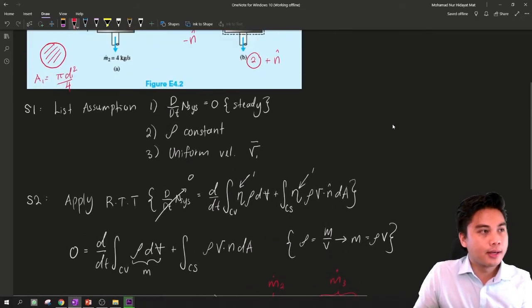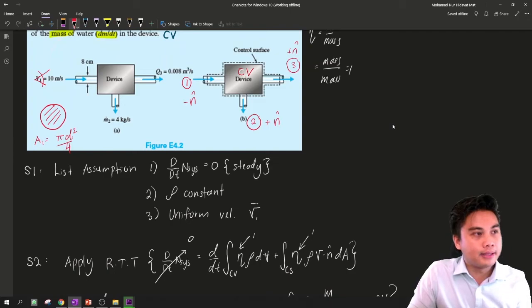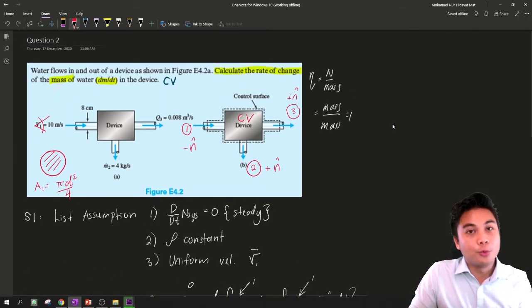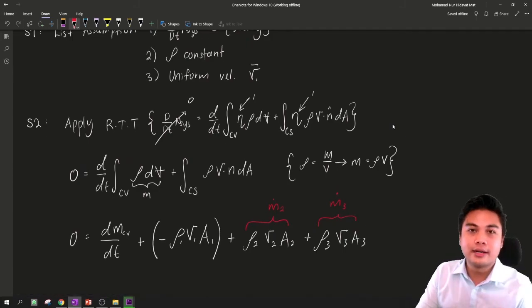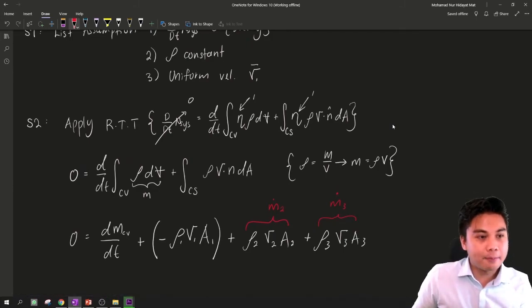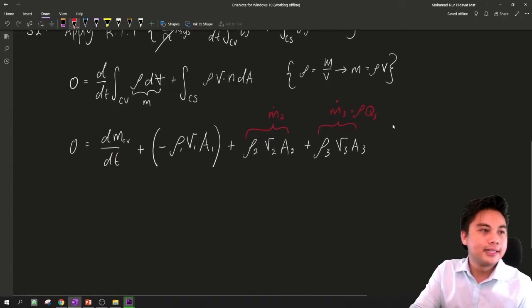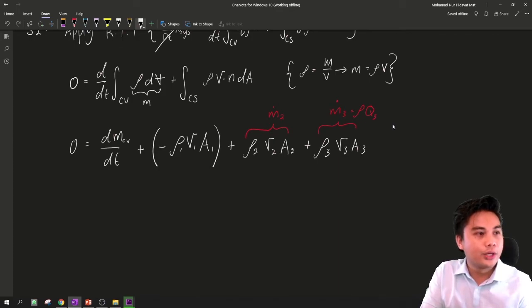However, the mass flow rate at 2 is given, but this one is not given. We can use the relation of mass flow rate with volume flow rate, which is m3 equals density multiplied by the volume flow rate at 3.